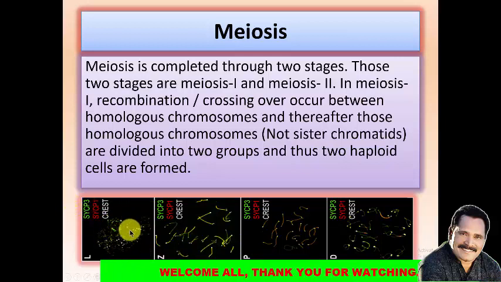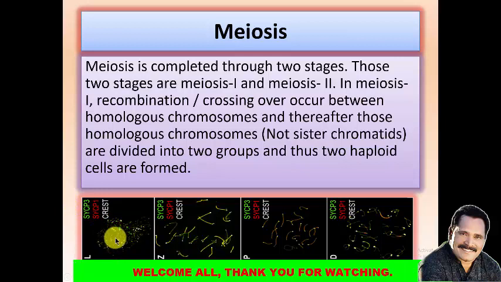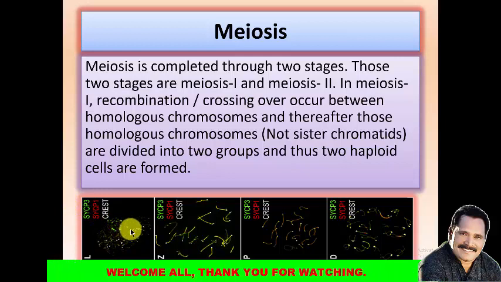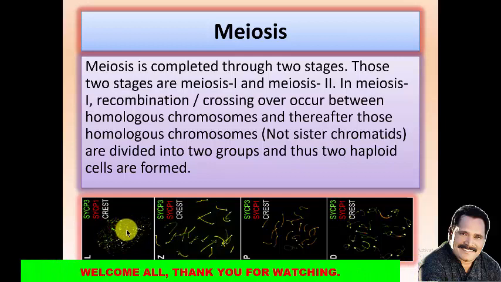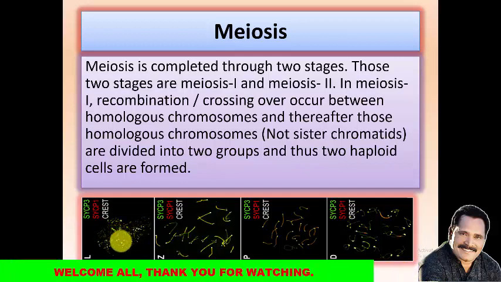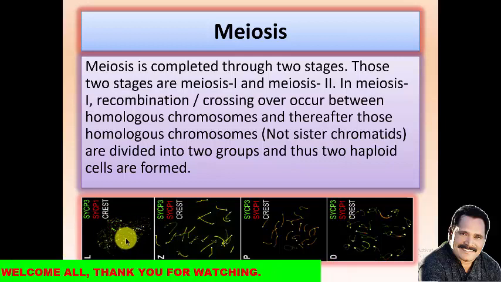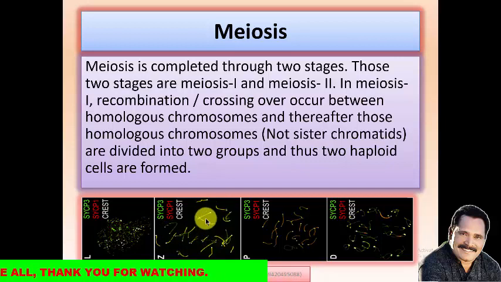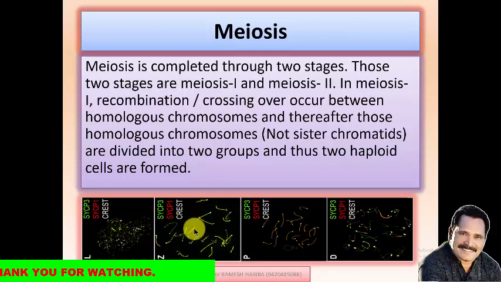In leptotene, the chromosome material is in thin thread-like structures. Leptotene means thin threads. In zygotene, the chromosomal materials are paired.